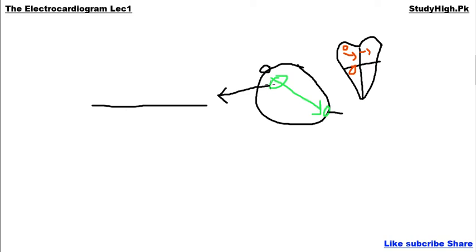So the cell membrane of this area is negative outside, because this area has been depolarized. Its resting membrane potential has been disturbed, and its outside becomes more negative temporarily and inside becomes more positive because of depolarization, because the action potential has been transferred from the SA node to the neighbor cells of the atria.